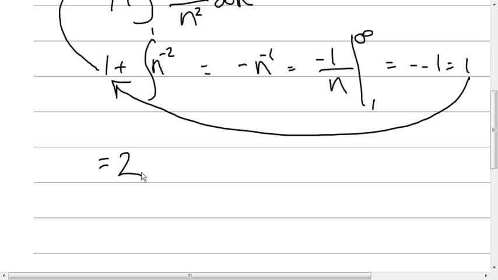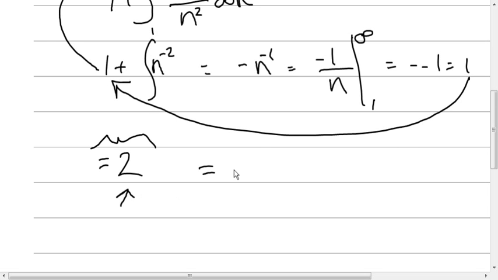Now what does that represent? In a way, it doesn't represent anything in particular. It is an upper bound. We know that this sum converges, and we know that it converges to a number that is less than 2, but we don't know what that number is.